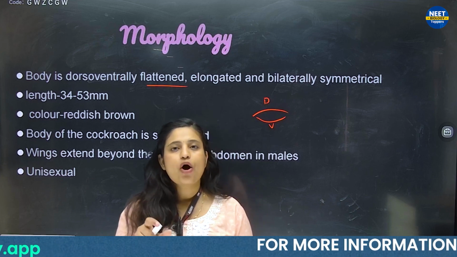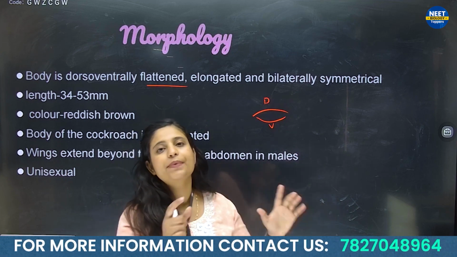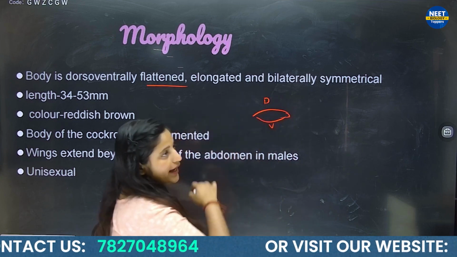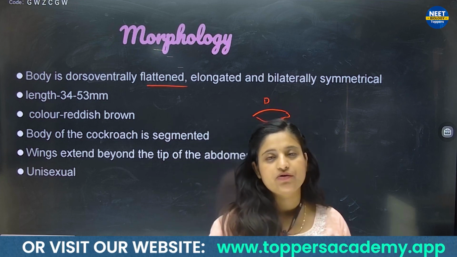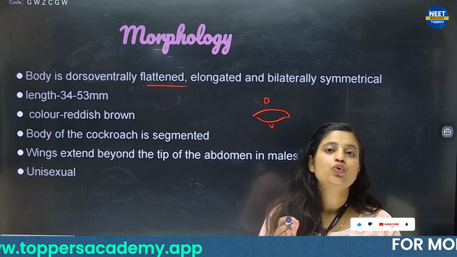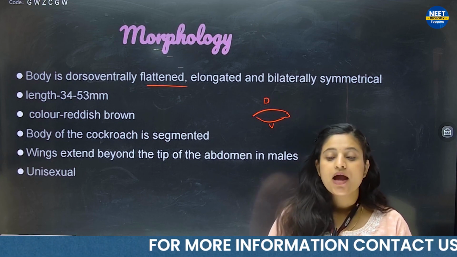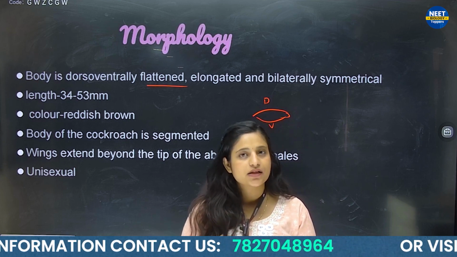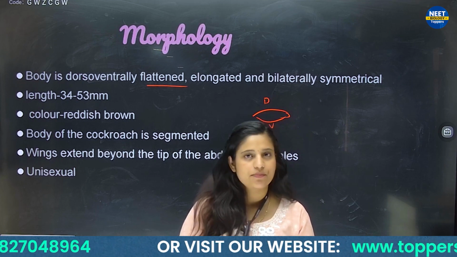If you see their body from the dorsal side and from the ventral side, it is completely flattened, okay, and their body is also elongated, okay, and they have bilateral body symmetry. Bilateral symmetry means the body can be divided into two equal halves, but by passing through only one plane. You can divide their body into two equal parts, but here is a condition, you have to divide it through only one plane, okay.